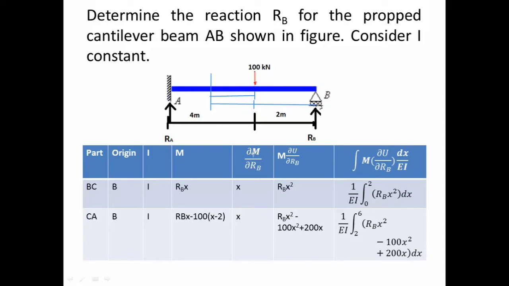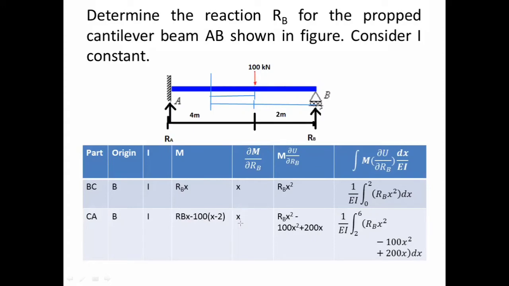Then partial derivative of moment with respect to RB. So here again x, RB is constant. 100 into x minus 2 is also constant. So my derivative is x.